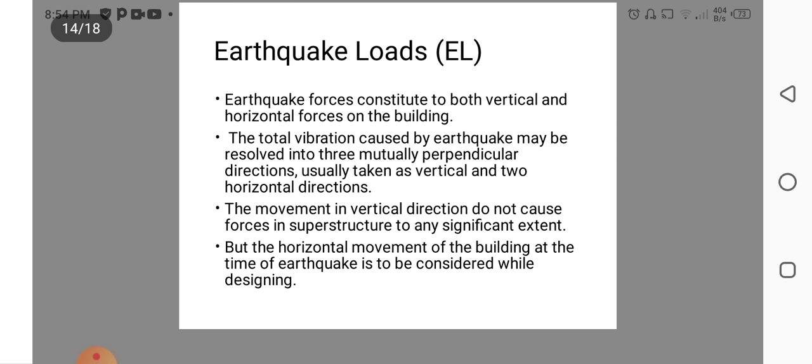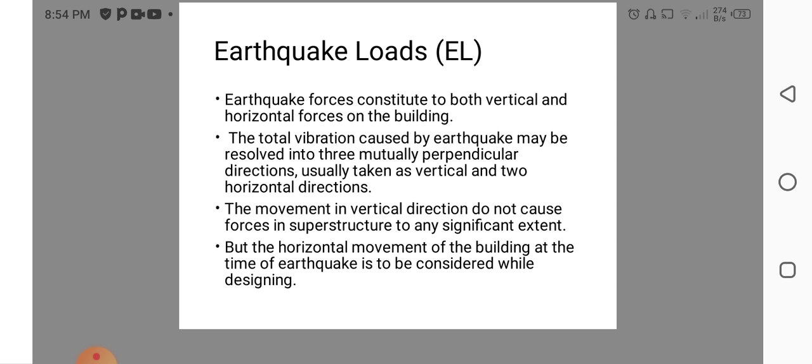I'll be talking about the earthquake loads. Earthquake forces constitute vertical and horizontal forces on the building. Total vibration caused by the earthquake may be resolved into three mutually perpendicular directions, usually taken as one vertical and two horizontal directions. Movement in the vertical direction does not cause forces in the substructure of any significant effect.